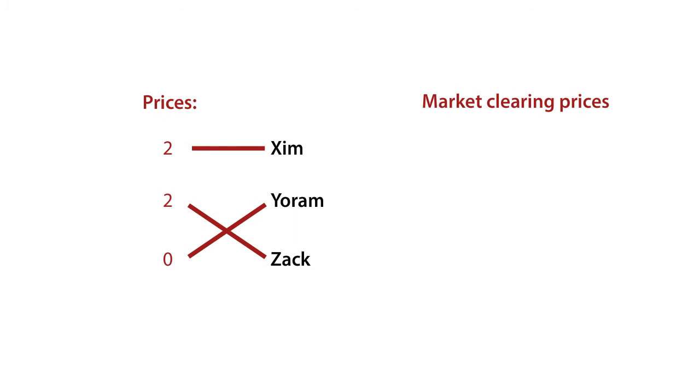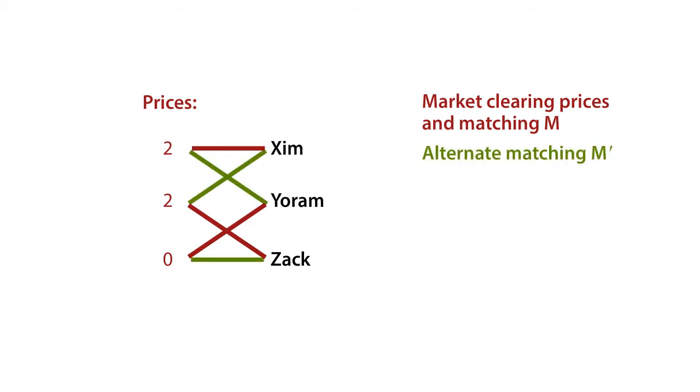In a market clearing situation, the seller value is the easy part to think about. Whatever the matching is, whether we think about our market clearing matching M or some alternate matching, which I might call M prime, the prices are always the same, and in a market clearing matching, we assign every item to someone, so every seller collects its price.